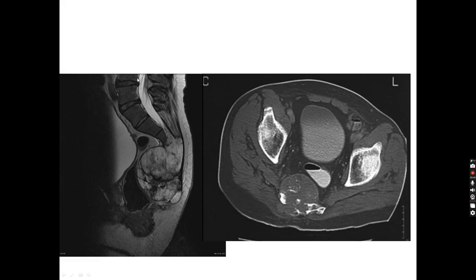Here there is a sagittal T2-weighted image of the spine showing an expansile non-specific soft tissue destructive lesion epicentered at the sacrococcygeal region. And here there is an axial CT showing an expansile lytic lesion, and it can show these typical sequestra in some patients. The typical sites will indicate towards the diagnosis, occipital and sacrococcygeal.